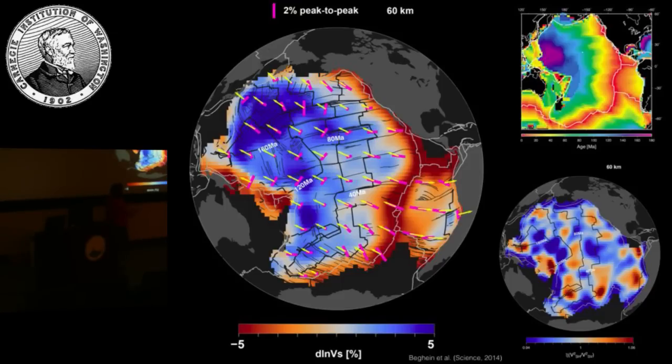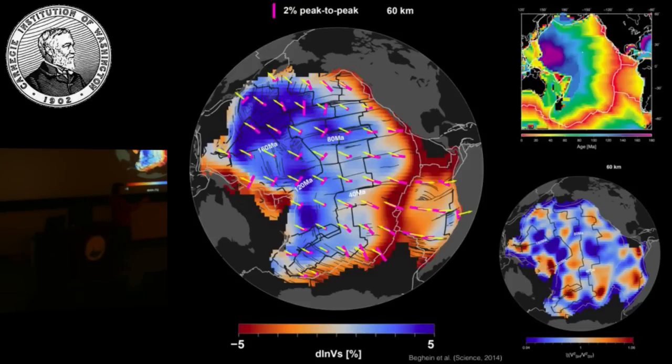The yellow arrows represent the direction of the absolute plate motion, so the direction in which the plate is moving. And the pink sticks represent our model: the fast direction for vertically polarized shear waves, and the length of the sticks is the strength of the anisotropy.